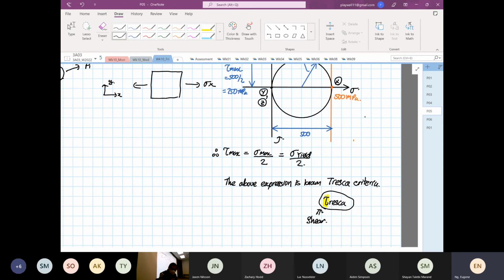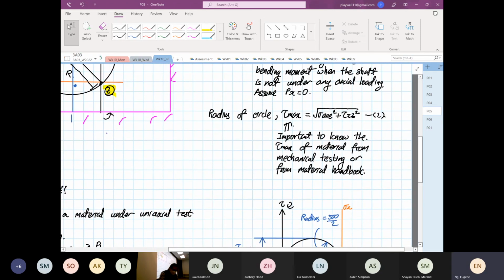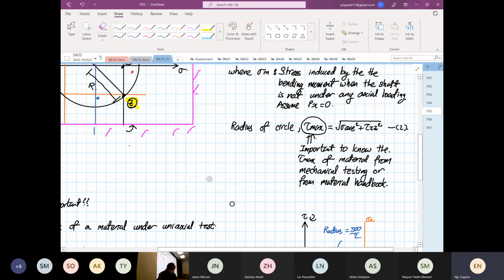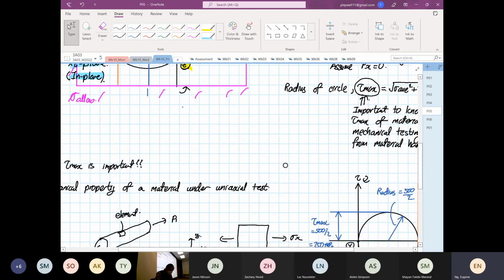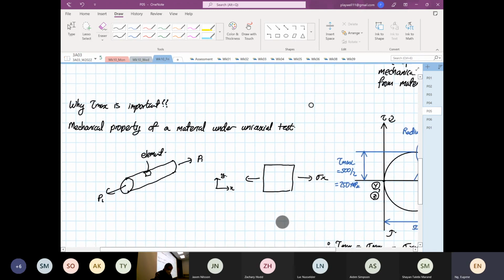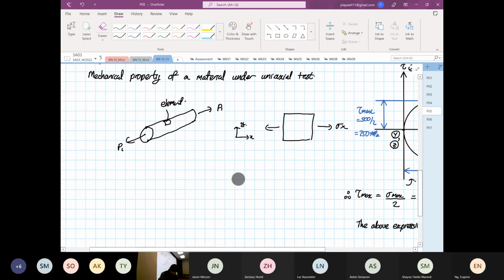This is the reason why we have to determine our tau max for shaft design. I've just shown you why tau max, because the tau max value is smaller than the yield.